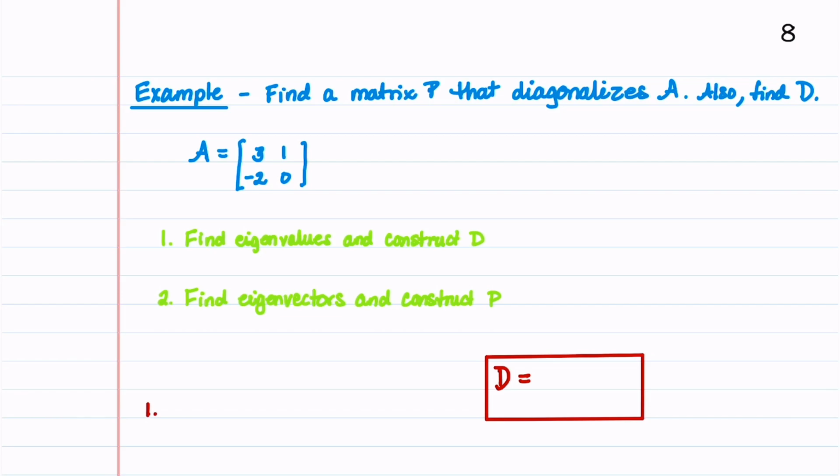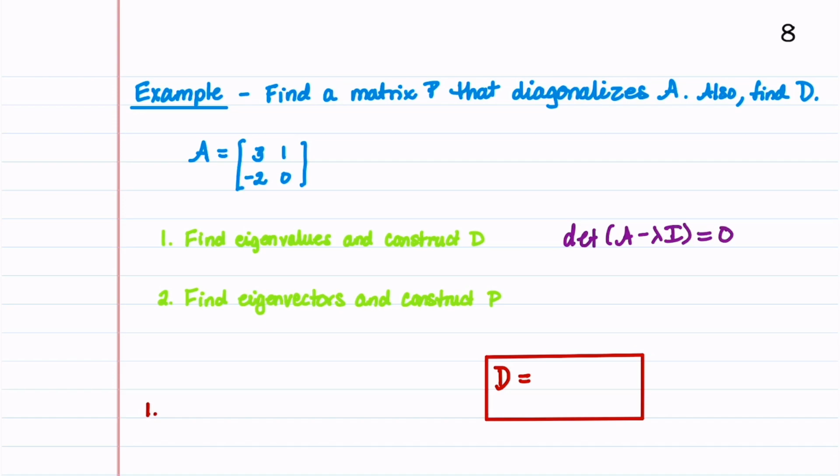We're now going to do a really important example where we're going to find a matrix P that diagonalizes a given matrix A, and we're also going to find D. Often when you diagonalize a matrix, that's exactly what you're doing. You're having to find P and you're having to find D. Our first step is to find the eigenvalues and construct D. To find the eigenvalues, we're going to solve determinant of A minus lambda I is equal to 0.